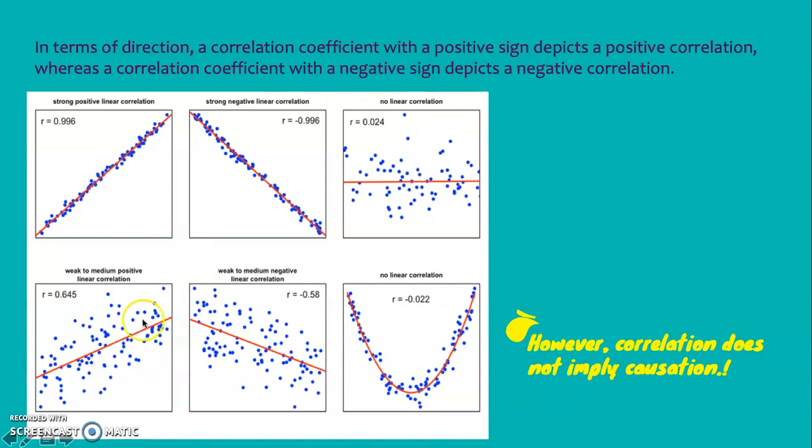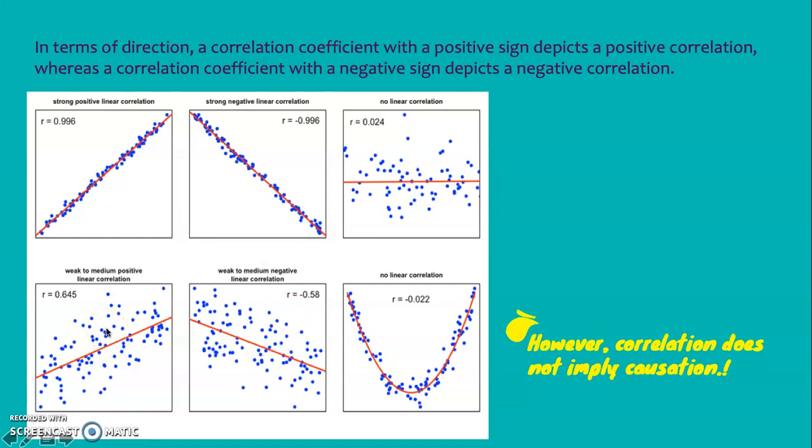On the other hand, if your positive linear correlation graph shows you that the dots are very far away or they are scattered around the line, they are well dispersed, it shows you that there is a weak to medium positive correlation.